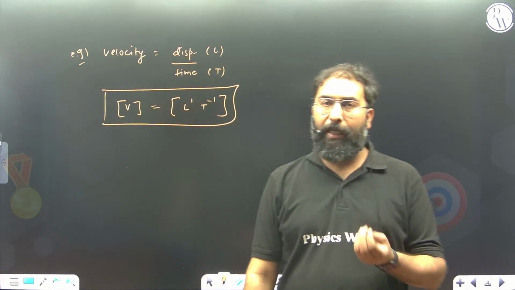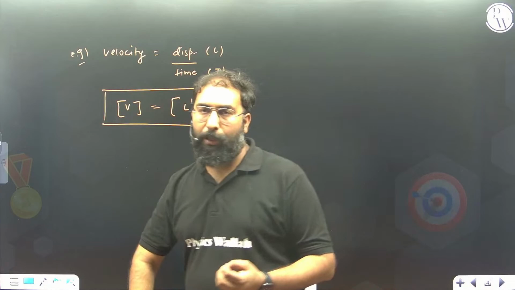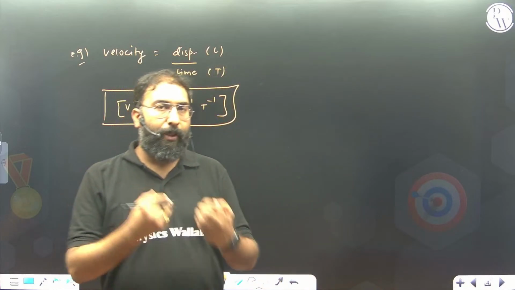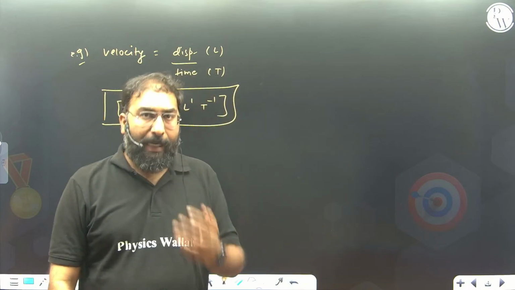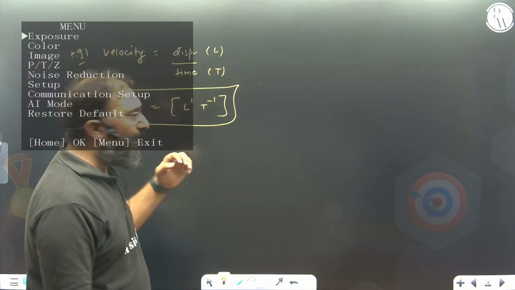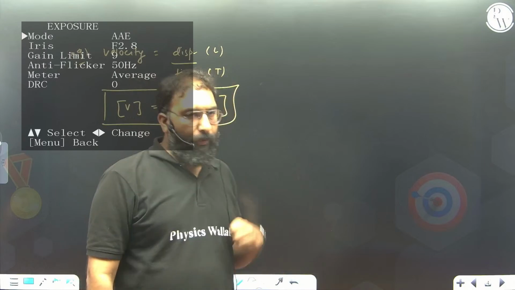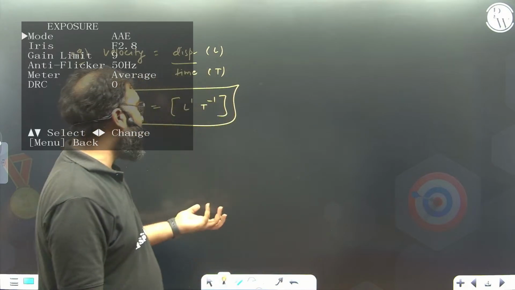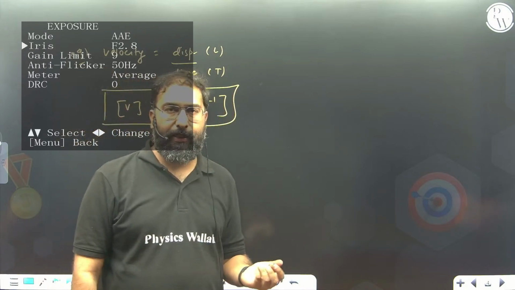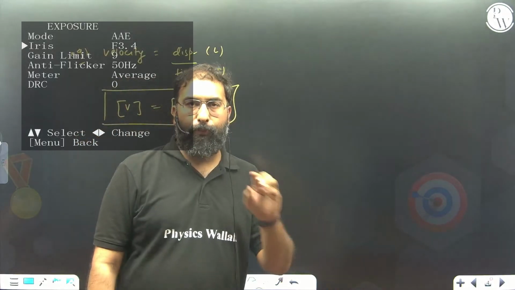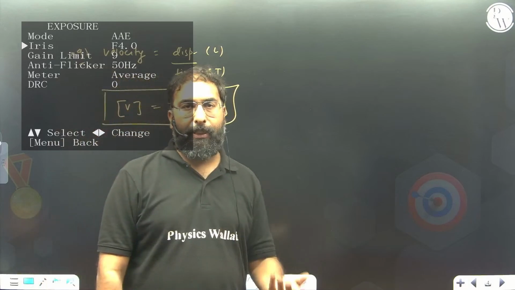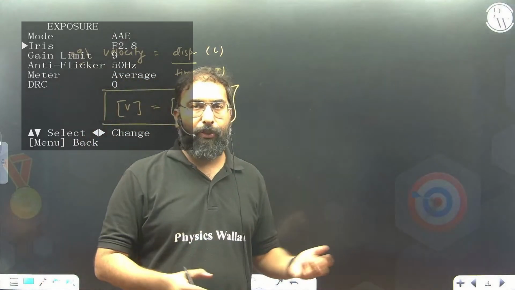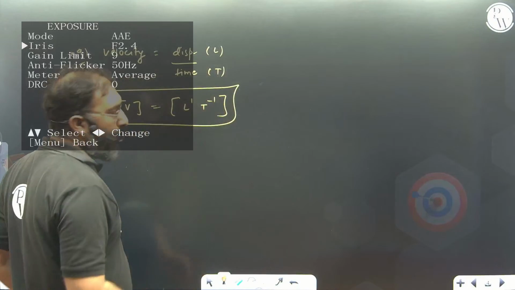I have taken a very simple example of velocity just to make you understand what I'm trying to do, or what a dimensional formula is. We can take other, bit more difficult examples also, but the fundamental will remain the same. You have to just remember one formula related to that, write down that formula, and from there you can calculate the dimension of that particular physical quantity.